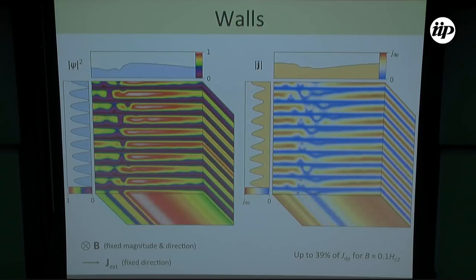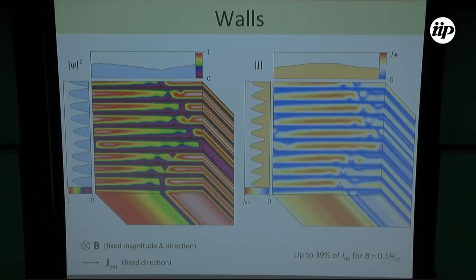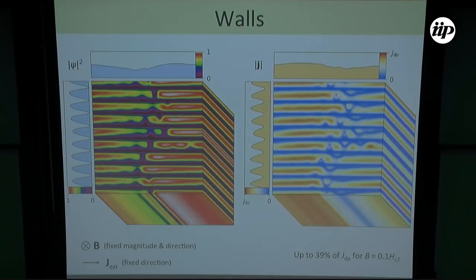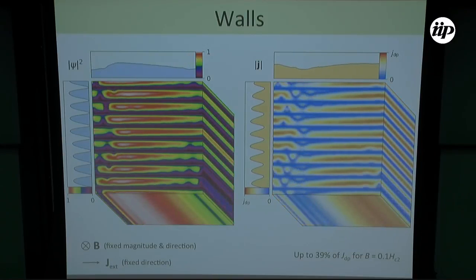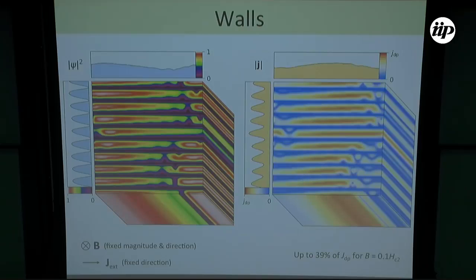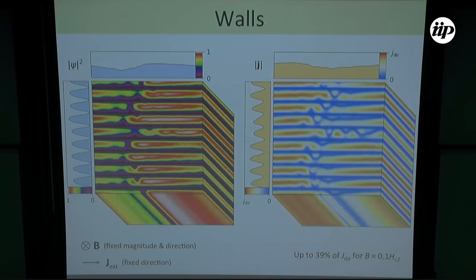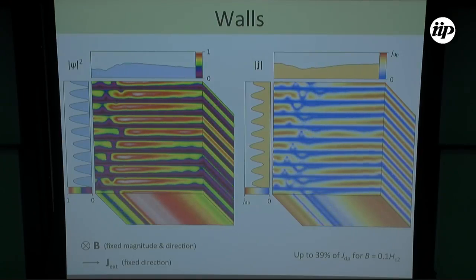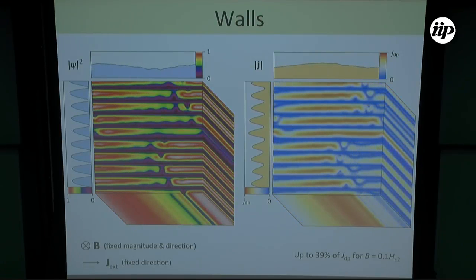So we see the collective effect of the pinning here, and this is actually the source of the relatively large critical current, which is now about 40% of the depairing current. So it's twice bigger than columnar inclusions.